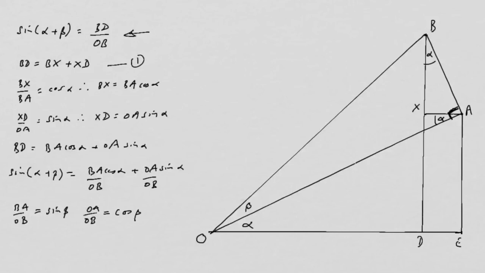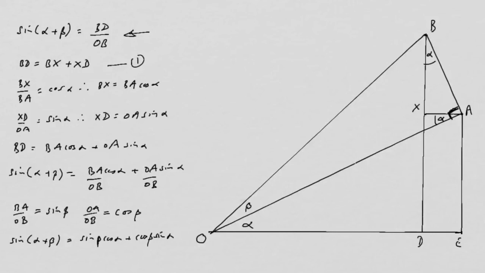And so finally we can substitute those back in, and we get sine of alpha plus beta equals sine beta cos alpha plus cos beta sine alpha, which is what we wanted.